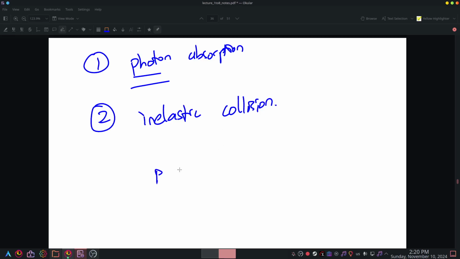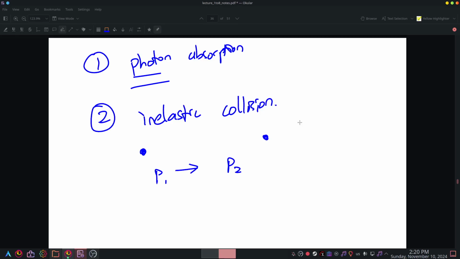Let's say you have a proton hitting a stationary proton. This is proton 1, this is proton 2. Proton 1 hits proton 2.